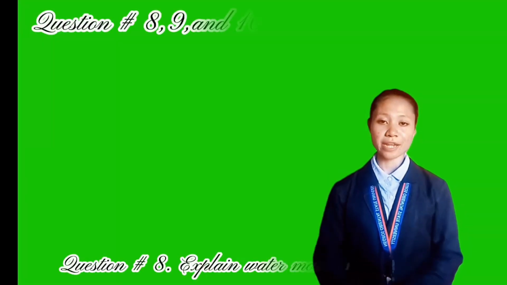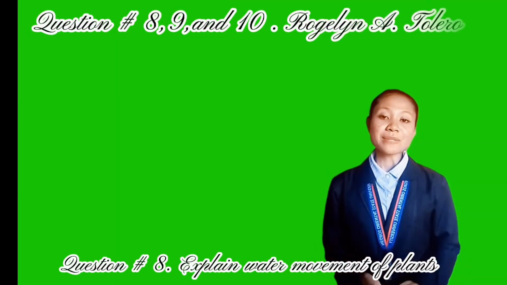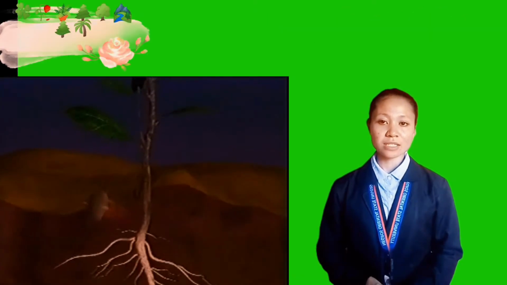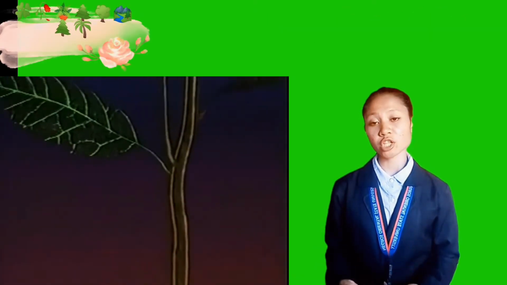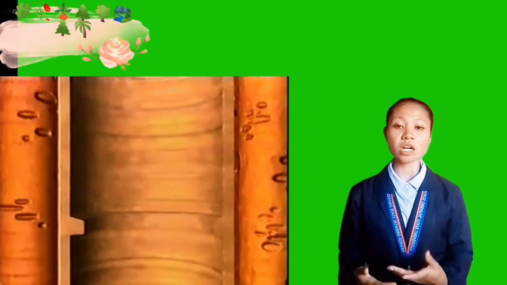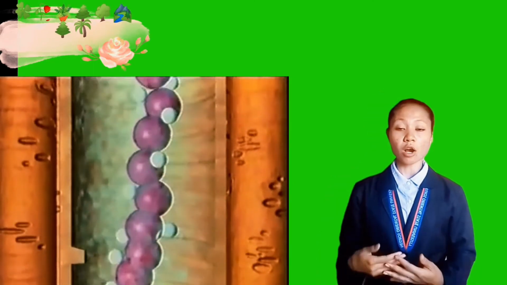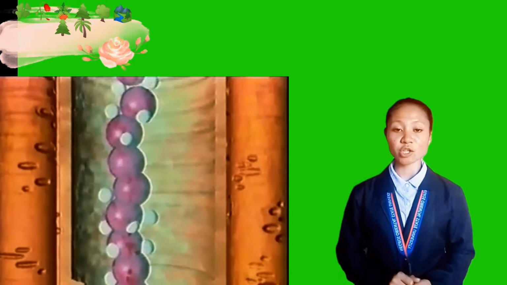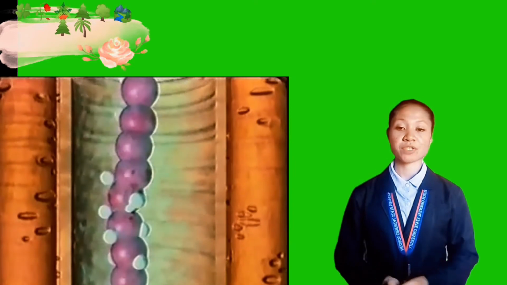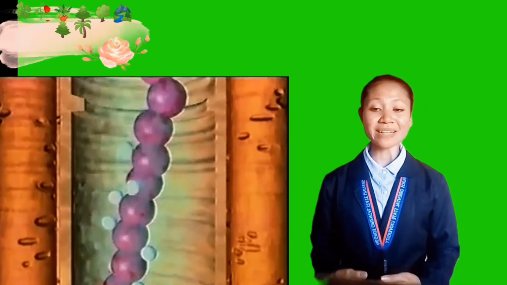So question number 8. Explain the water movement of the plant. The water movement, transpiration, is water loss from the plants due to evaporation that occurs when the stomata are open. Stomata regulate the transpiration by opening and closing. Guard cells around the stomata control their opening and closing.